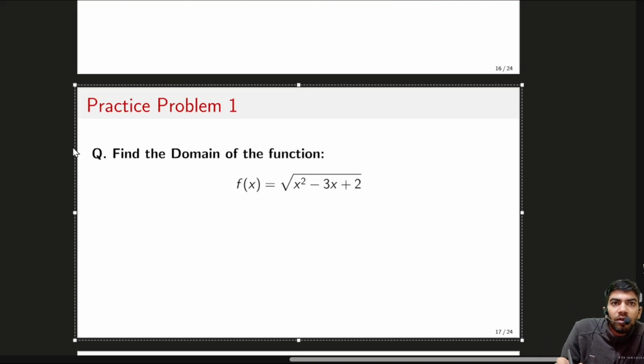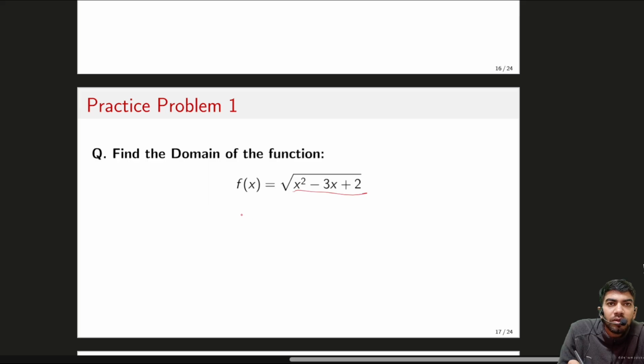To find the domain of this function, my function is root of x square minus 3x plus 2. So this part must be greater than or equal to 0. That is, x square minus 3x plus 2 is greater than or equal to 0. This is a quadratic equation. Solve it: (x minus 2)(x minus 1) is greater than or equal to 0.